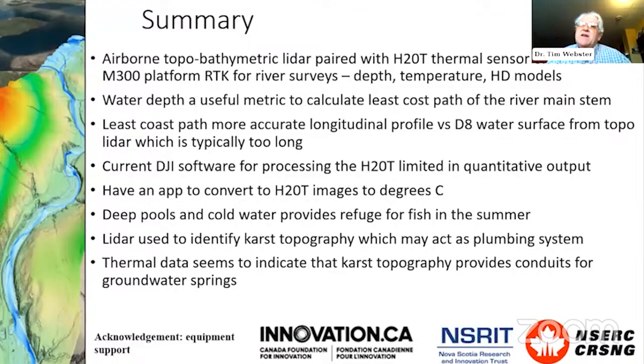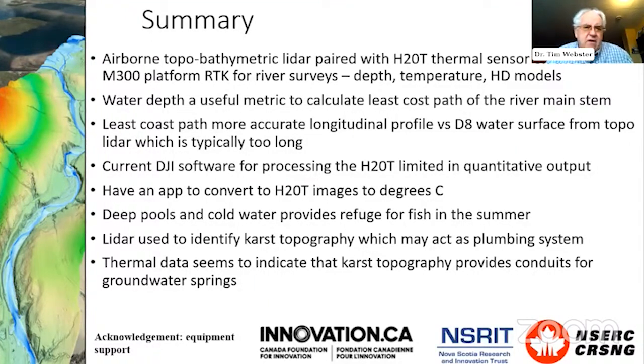Initially, the data does not come out directly from this particular sensor as a degrees Celsius value, but we dug in and found some code from DJI that wasn't fully released with the sensor, where we can convert the data into degrees Celsius values.